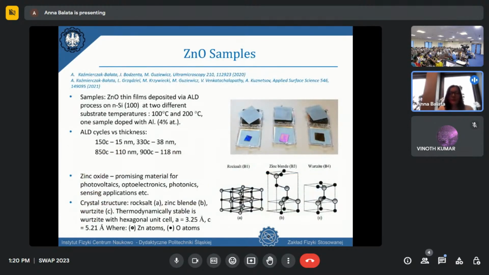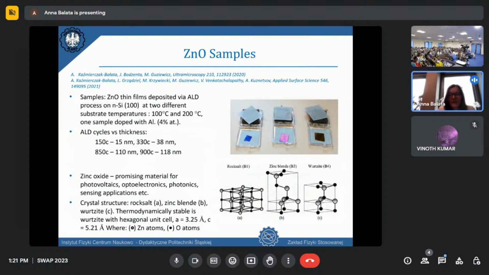The next group was zinc oxide samples. We had layers deposited with the ALD method. We used two temperatures of the substrate during the deposition, 100 degrees and 200 degrees Celsius.